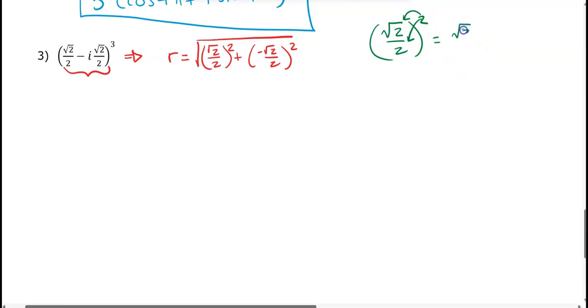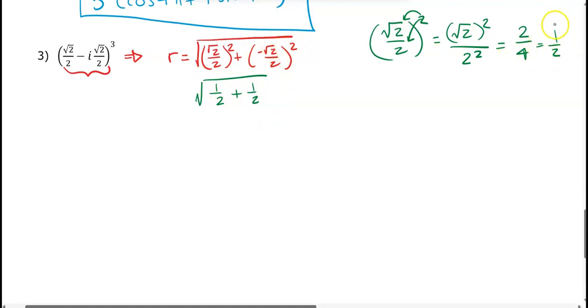So I have the square root of 2 squared divided by 2 squared. So that gets me 2 over 4, which is just 1/2. Okay, so now here I'm going to have 1/2 plus 1/2 underneath my square root, because negative square root 2 over 2 is going to get me positive 1/2.